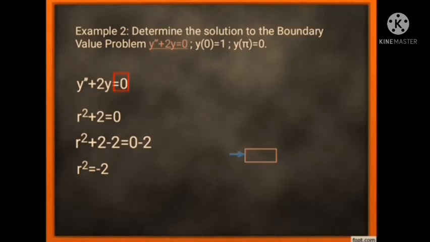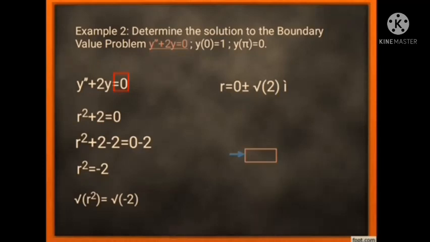Take the square root of both sides. Since it is a negative value, we will be dealing with imaginary values. So r = 0 ± √2 i.